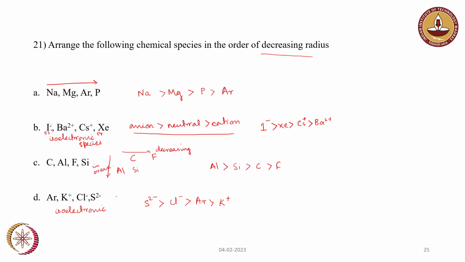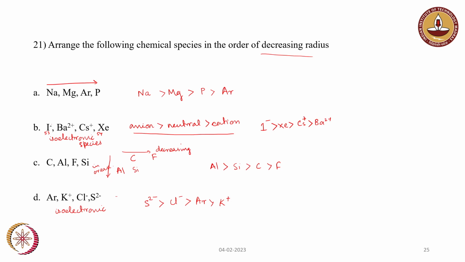And the next one is I minus, Ba2 plus, Cs plus, and Xe. So we are given isoelectronic species, and we need to know that anions will have larger radius than neutral one, and cations will have smaller radius compared to neutral. So the order will be I minus, Xe, Cs plus, and Ba2 plus.